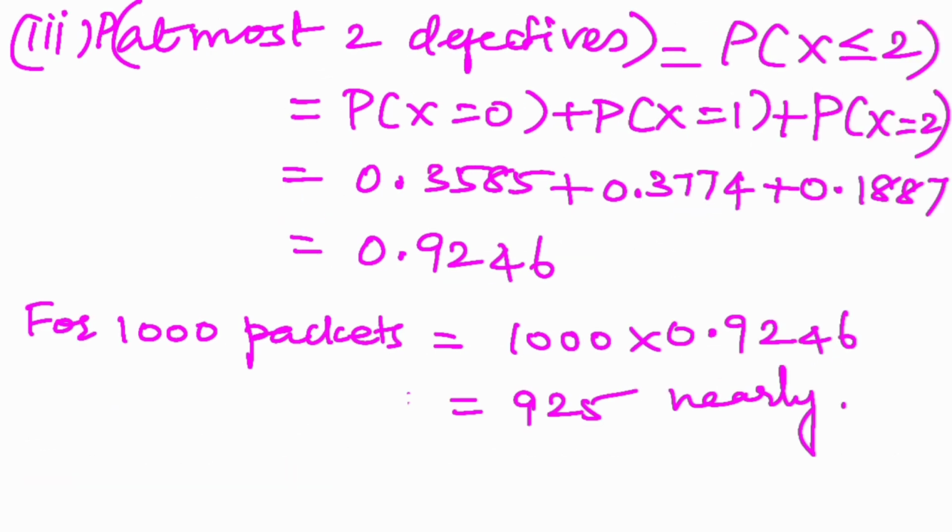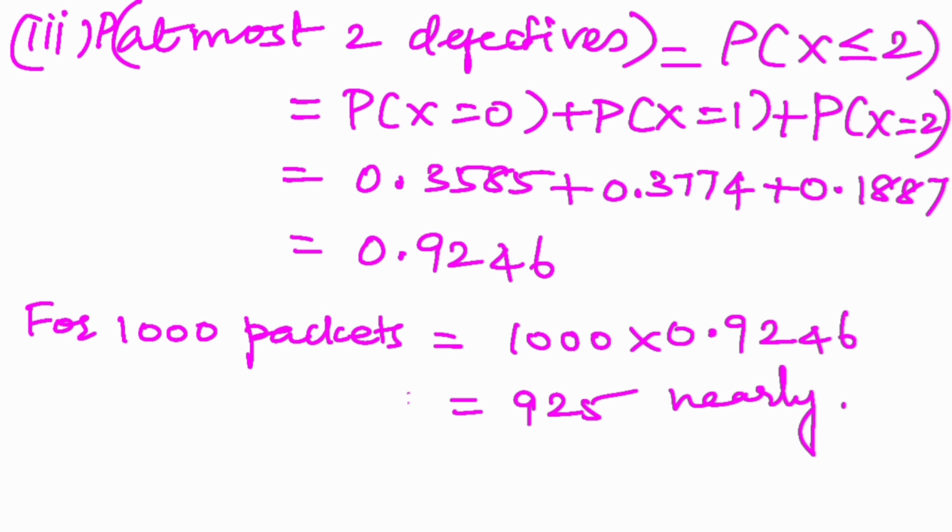Now the third case is the probability of at most 2 defectives. So the maximum number of defectives should be 2. So here the 0, 1, 2 cases come under this title. We can use the values from previous calculations, or directly calculate again. It is 0.3585 plus 0.3774 plus 0.1887.